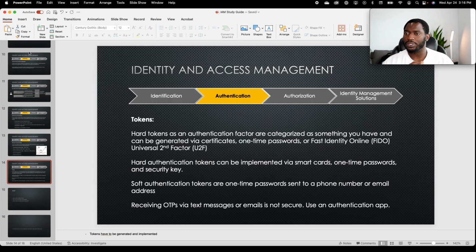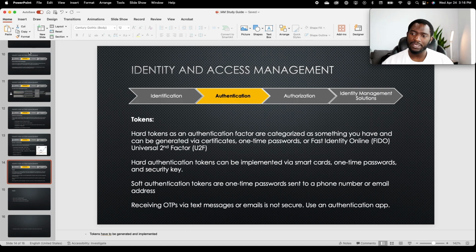Now, let's touch on tokens. Tokens are really authentication factors that are categorized as something you have and can be generated in several different ways. Hard tokens are implemented through certificates or smart cards and sometimes can be one-time passwords.